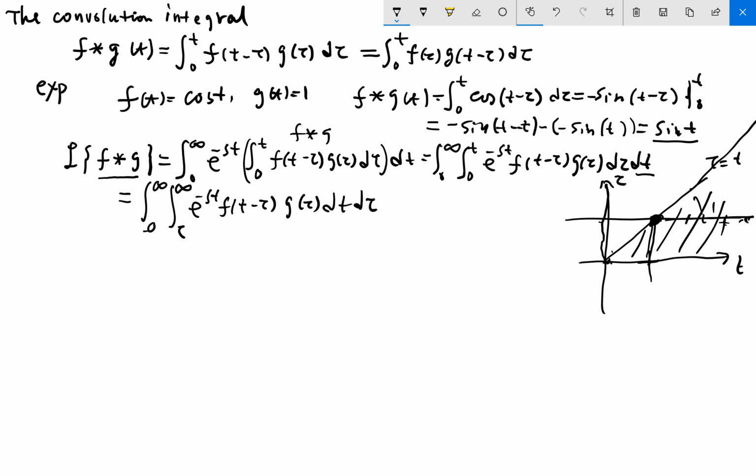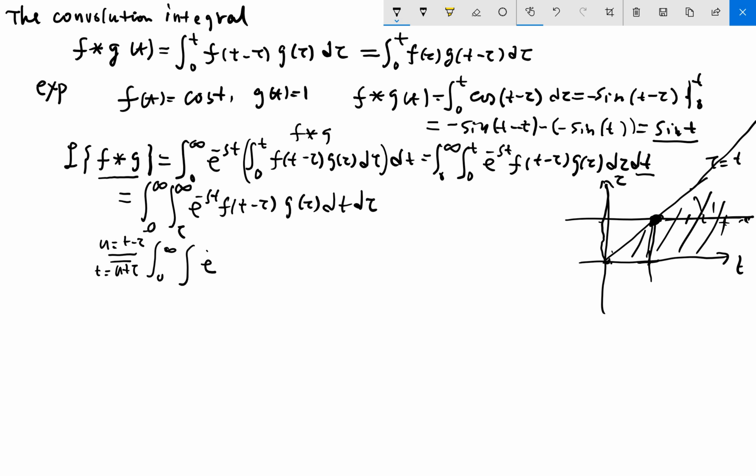Now let's make a variable change. Let u equal to t minus tau. So t here is equal to u plus tau, right?